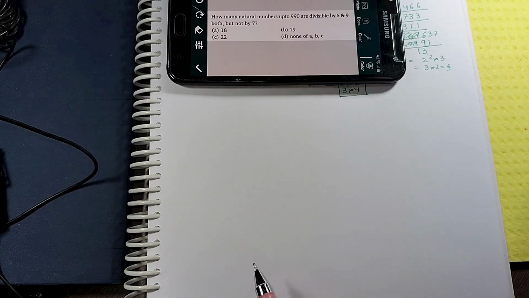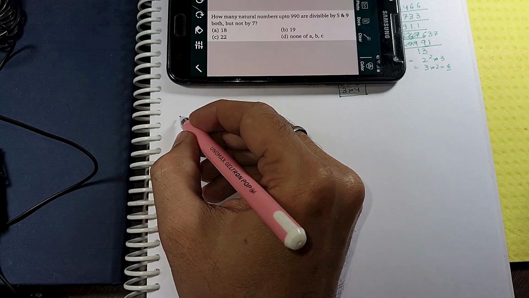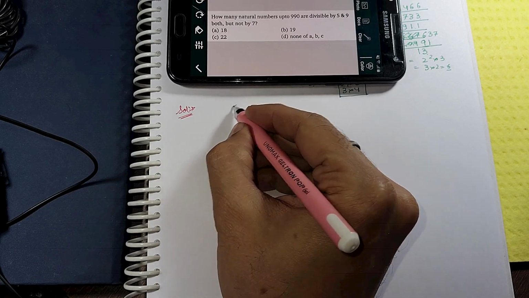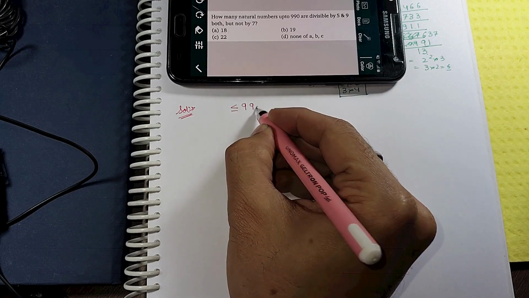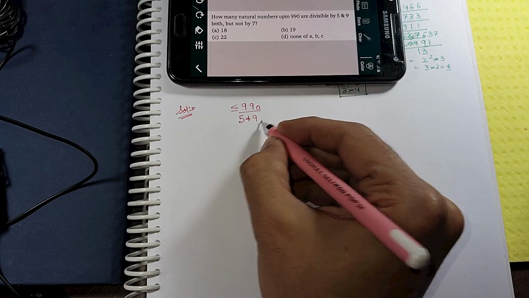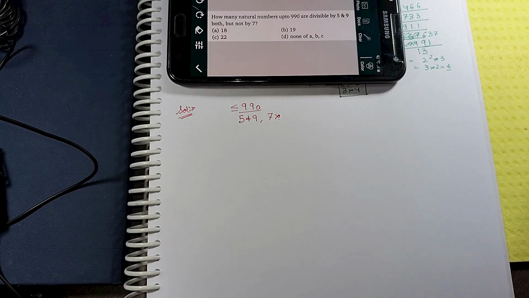How many natural numbers up to 990 are divisible by 5 and 9 both, but not by 7? Up to 990 means less than or equal to 990, and the numbers must be divisible by 5 and 9, but not by 7.